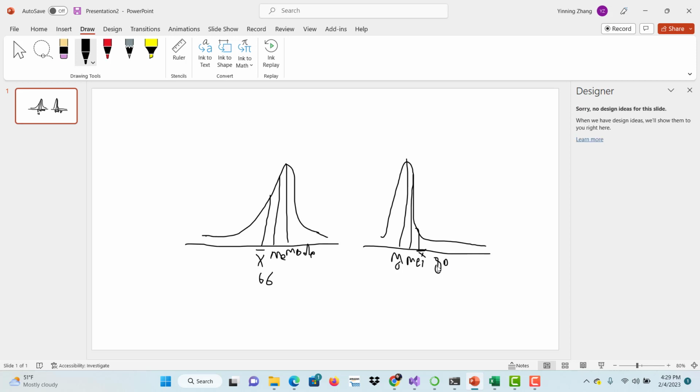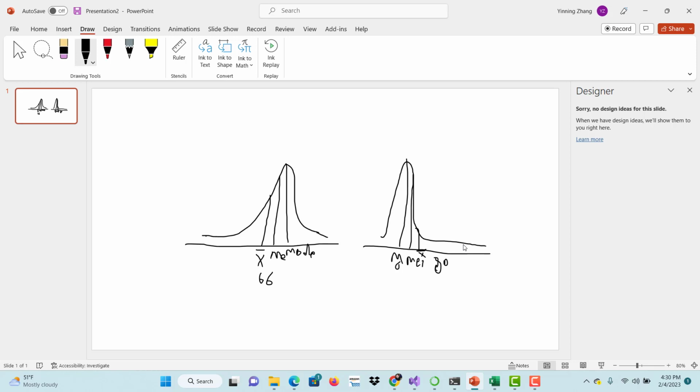But does that mean that this class has a good performance? Not necessarily, because most of the students' scores are under 80. Or if it's 66 again, most of the students' scores are under 66.